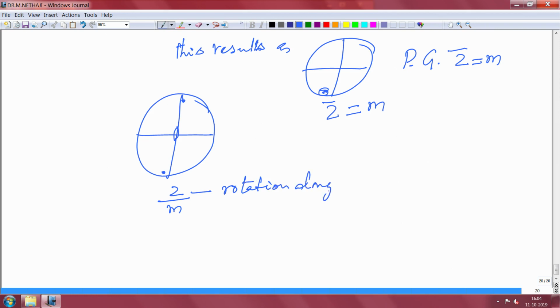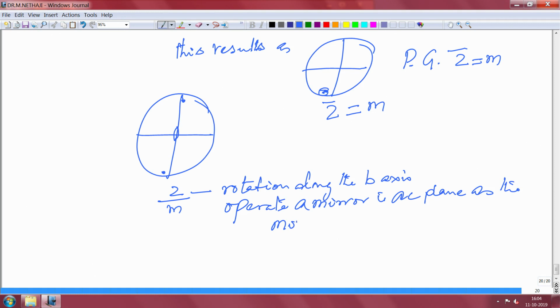Rotation along the B axis operates with a mirror, that is the AC plane as the mirror plane, and it ends up as a dot and a mirror. Dot is positive, circle is negative.